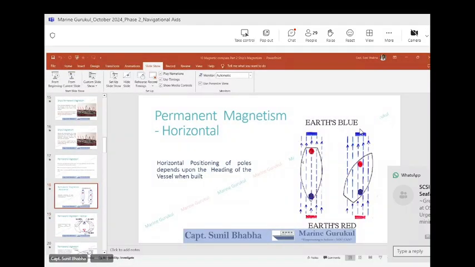Okay, so we saw beta the permanent magnetism or the permanent poles are acquired on the ship structure, and the horizontal positioning of the poles depends upon the heading of the ship when it was built. Now let us see what decides the vertical positioning of the poles.